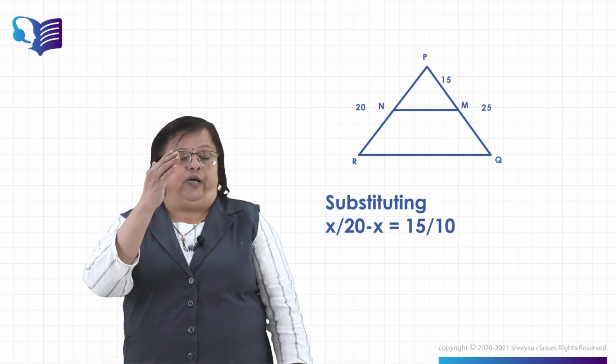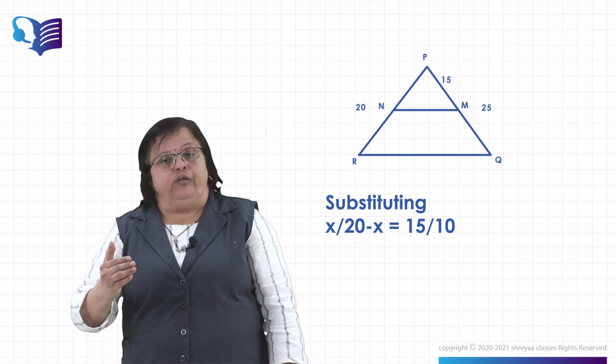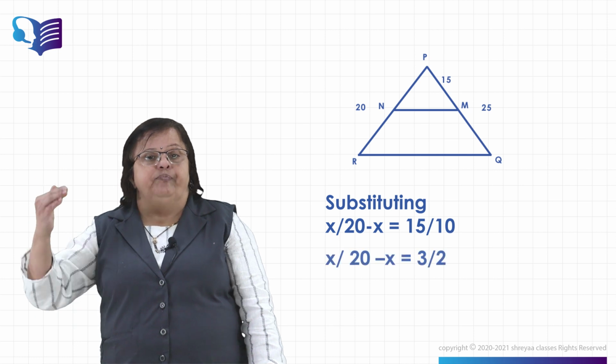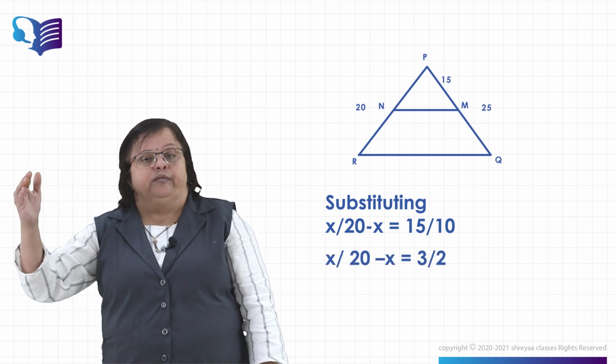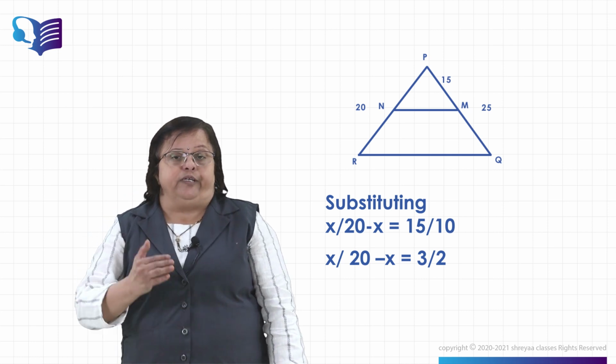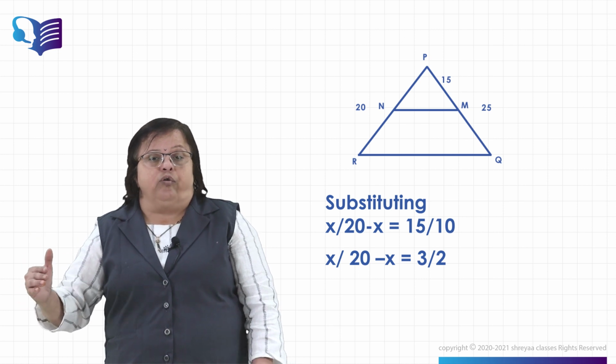So, we can write x upon 20 minus x is equal to 15 upon 10. This 15 upon 10 you can reduce as 3 upon 2. So, it is x upon 20 minus x is equal to 3 upon 2. Now, cross multiply.